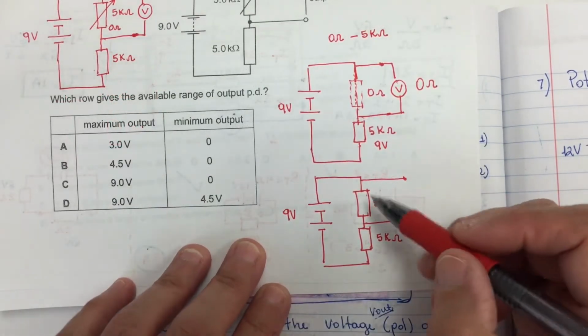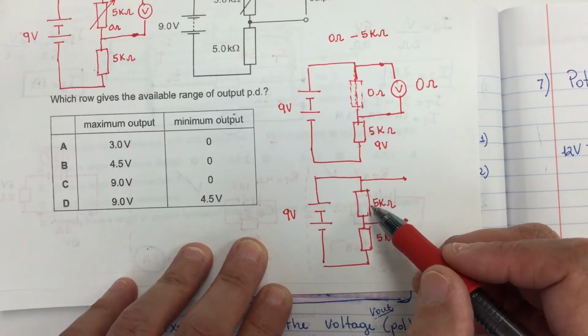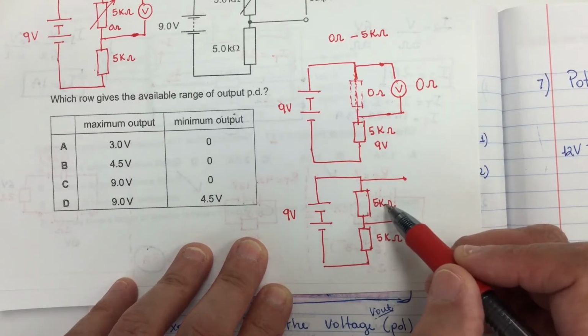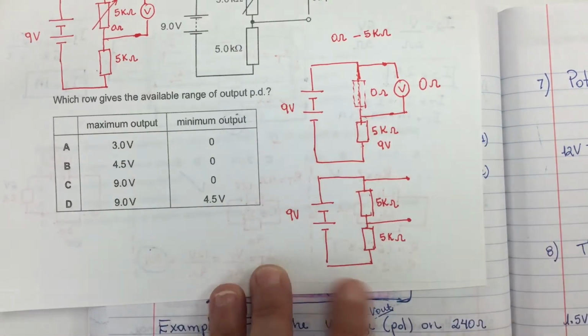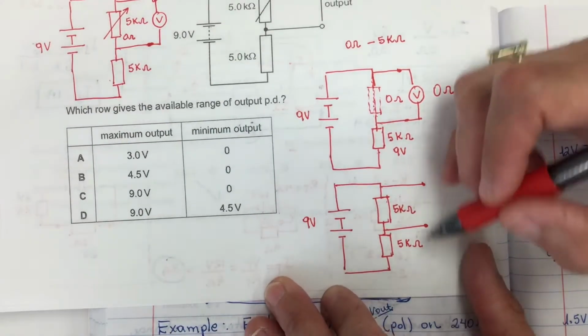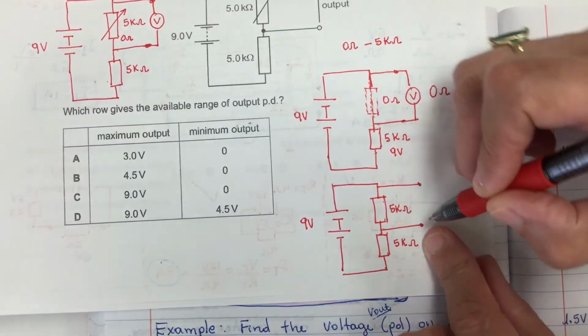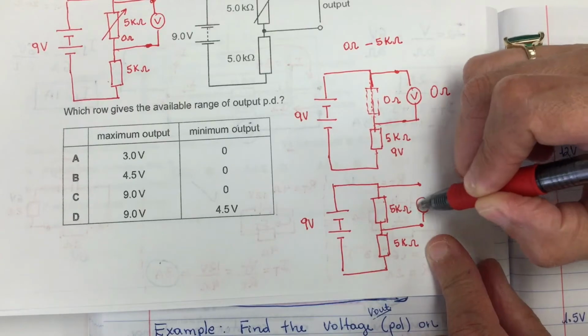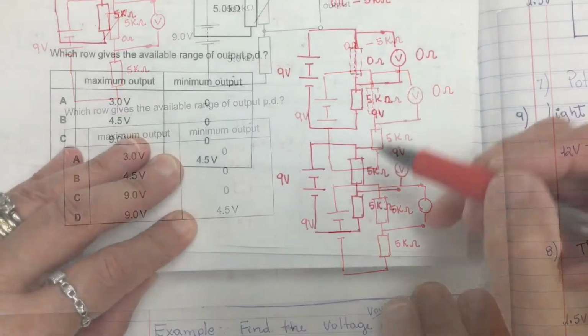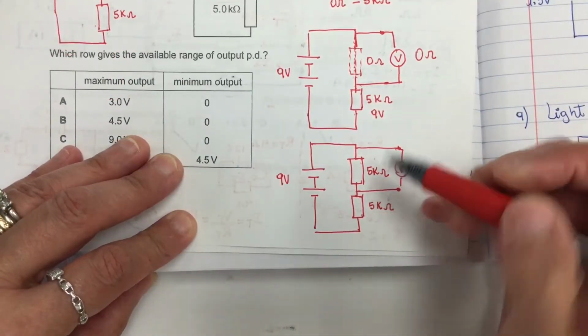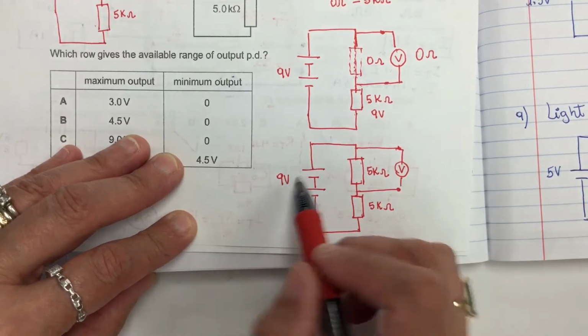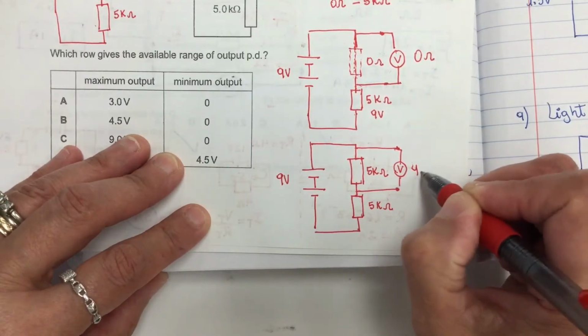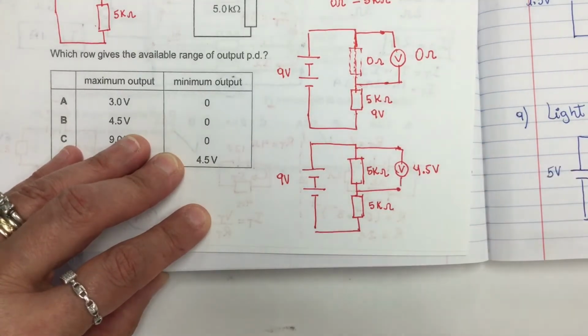Okay, now this variable resistor is set on 5 kilo ohms. So what will be the voltage on this resistor when I place my voltmeter right here? Since both resistors are equal, of course, the 9 volts will be split between both. That will be 4.5 volts.